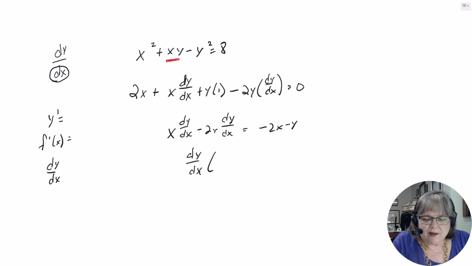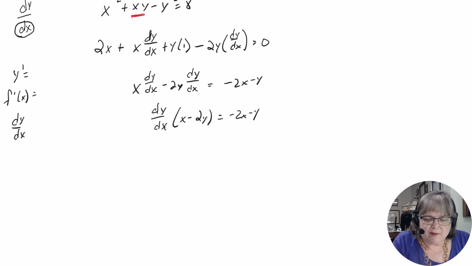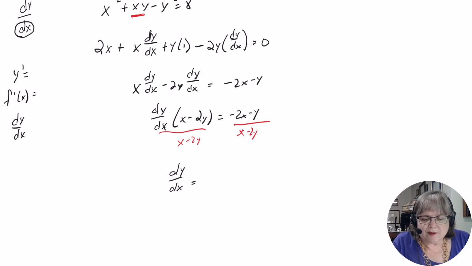And that would leave me x minus 2y equals minus 2x minus y. And I divide both sides by x minus 2y. So dy dx equals minus 2x minus y over x minus 2y.